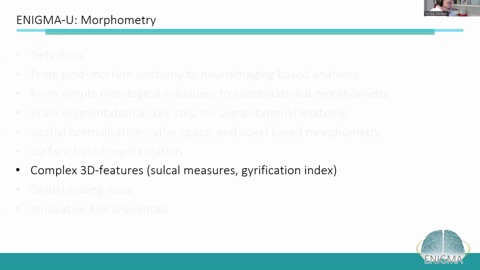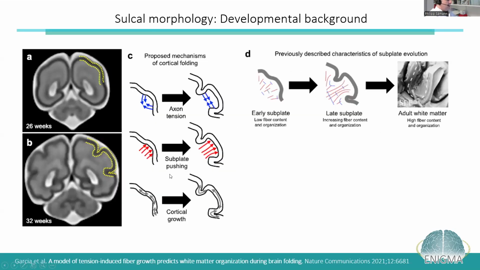Now the next chapter is on two sets of features that are more complex three-dimensional features. The first one is based on the morphology of the sulci. The sulci are formed during the embryological and fetal development. And there are several forces driving this.